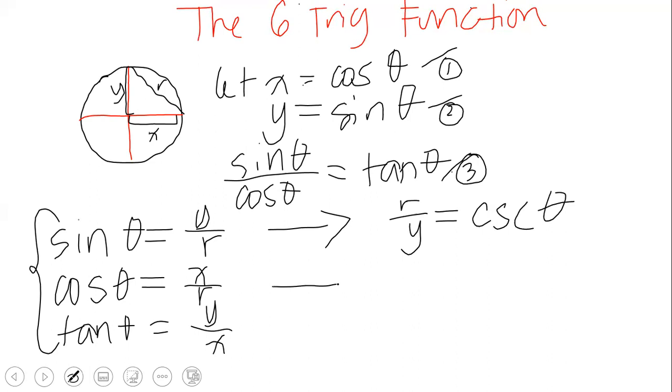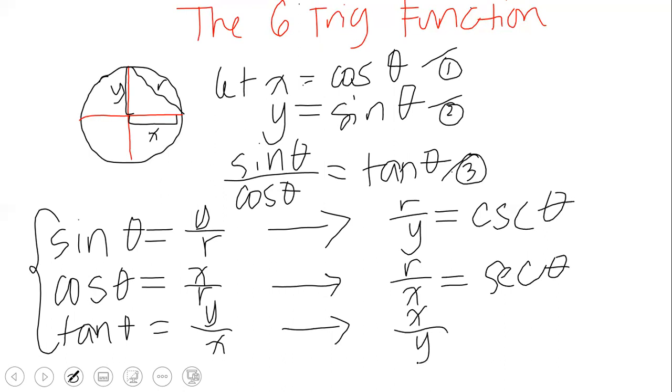And for the other side naman ng cosine theta, you also have r over x, that will be represented by secant theta. And for the third naman, every x over y will be represented by cotangent theta.